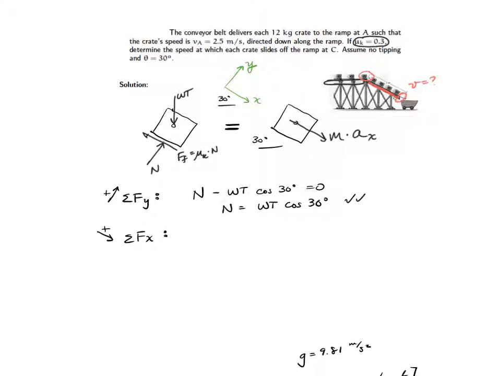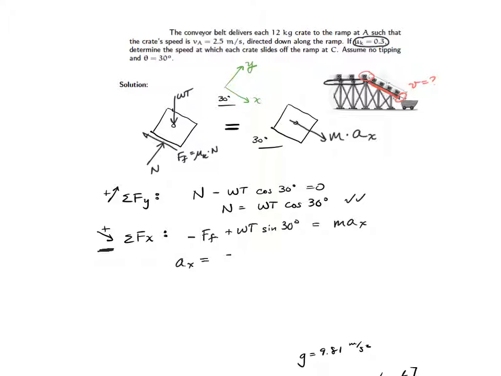So if I sum forces in the x direction and I call down and to the right positive, I end up with minus the force of friction plus the weight times sine of 30 degrees, and that's going to equal the mass times the acceleration. So I'm going to manipulate this and end up with an expression for the acceleration.